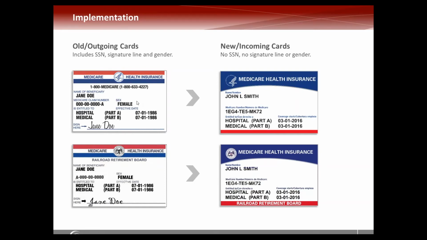Gone is the sex of the beneficiary, and gone also is the signature of the beneficiary. Now, if you take a look at railroad Medicare, you see a different logo on top and a very distinguishable footer at the bottom that says this is a railroad Medicare beneficiary. So again, look for the designs of the cards to help you to determine between the old cards and the new ones.